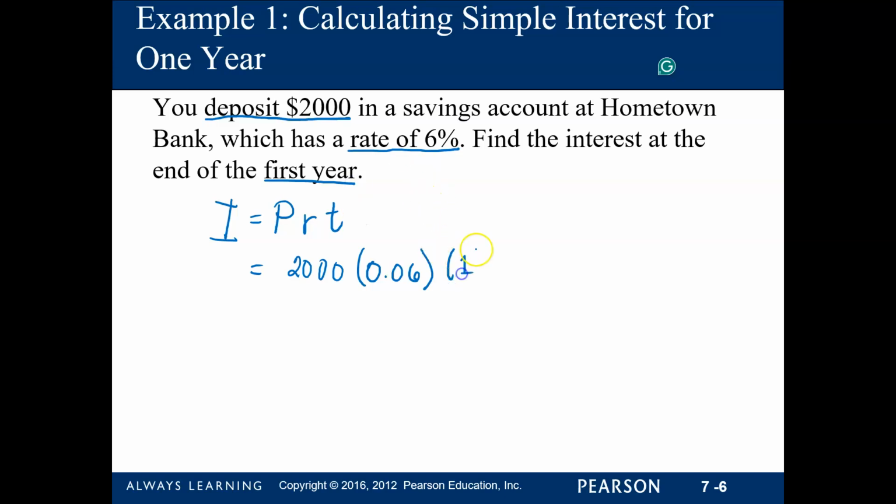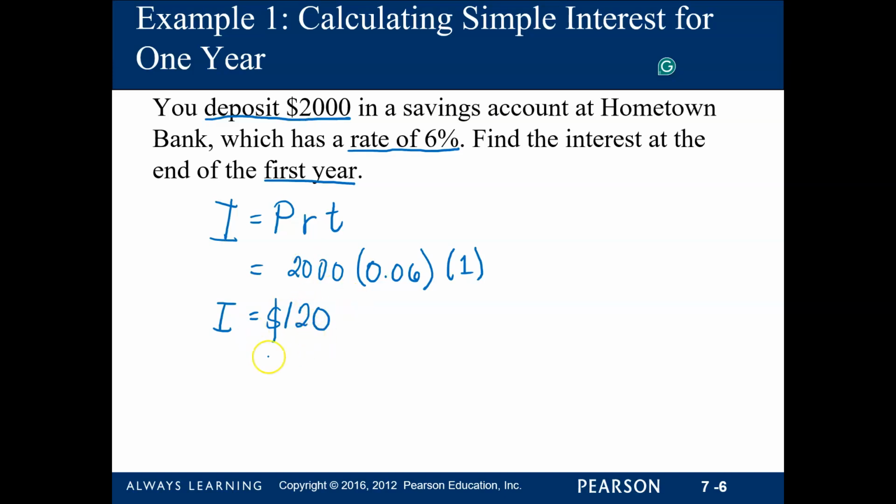That is going to be 1 year. So using your calculators, if you multiply these three numbers, you will end up getting 120. So that is going to be $120. That is how you will be able to get the interest.